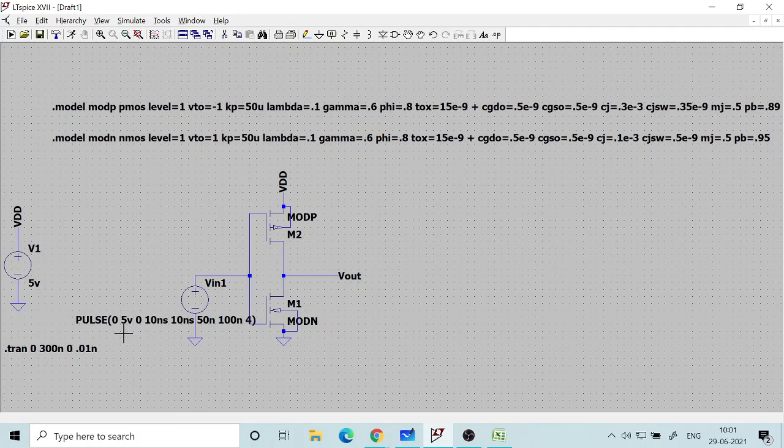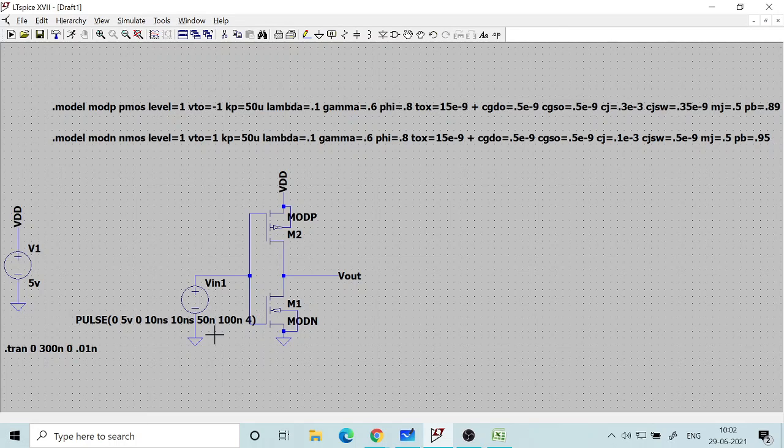And now I am giving a pulse waveform. Look at the way I have specified the pulse waveform. The parameters for this NMOS and PMOS are such that the rise time and fall time is somewhere around 100 picoseconds, that means 0.1 nanosecond.